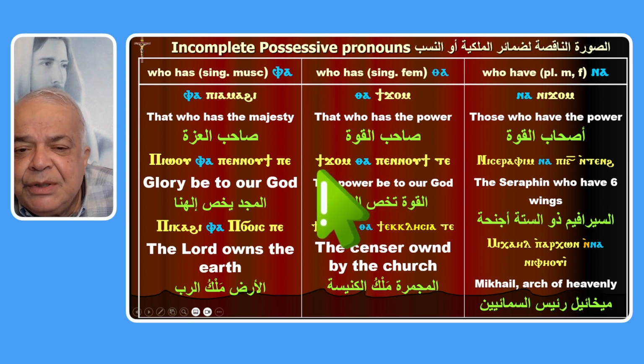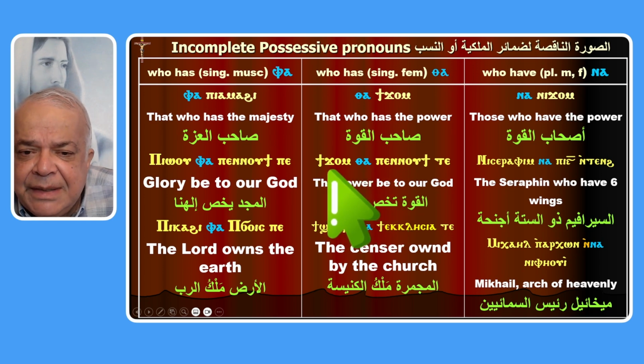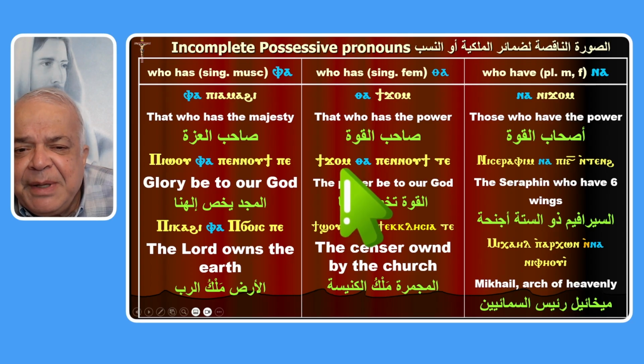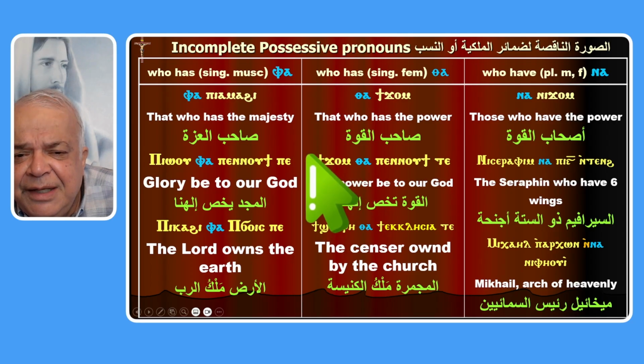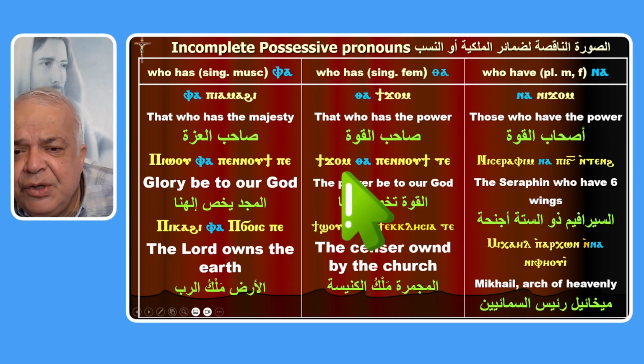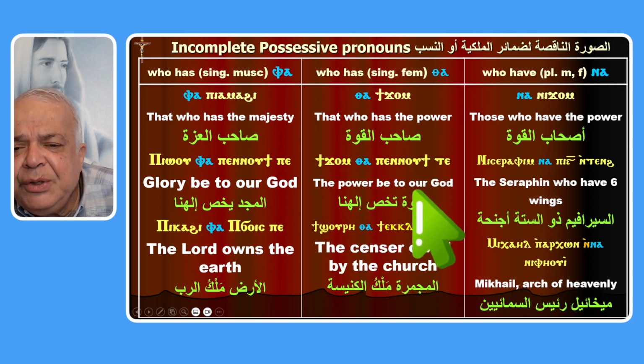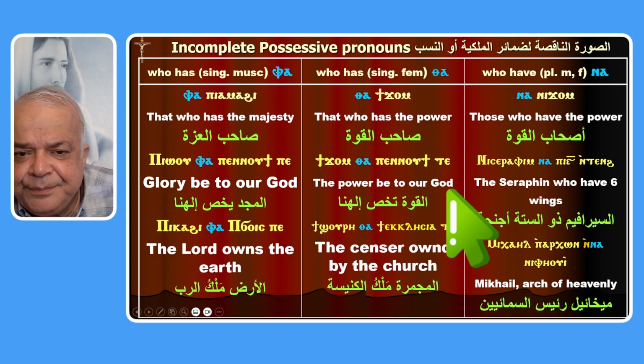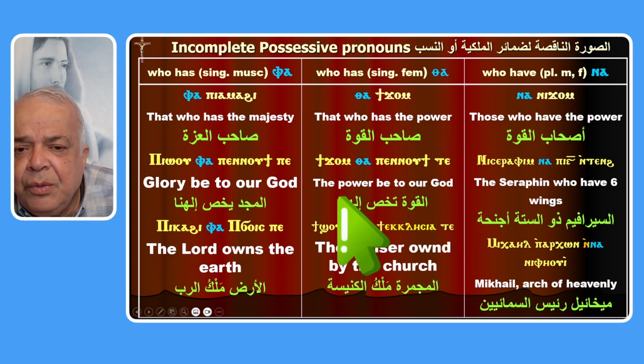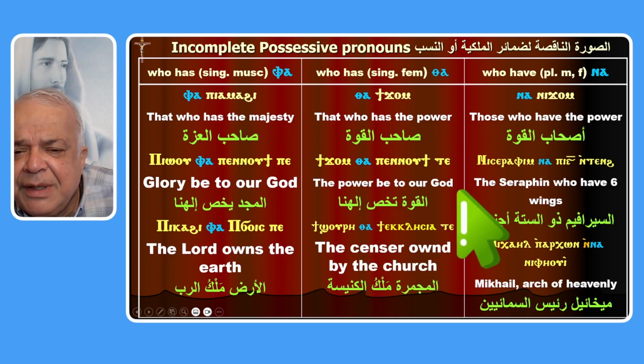Because gom janja o mei means power is feminine. How did I know it's feminine? From the definite article here, ti. You see? So ti gom tha penoti te, the power be to our God. Or we can say power be to our God.